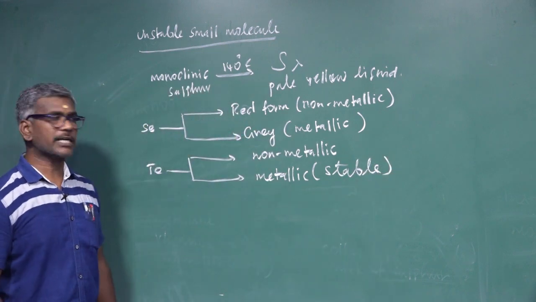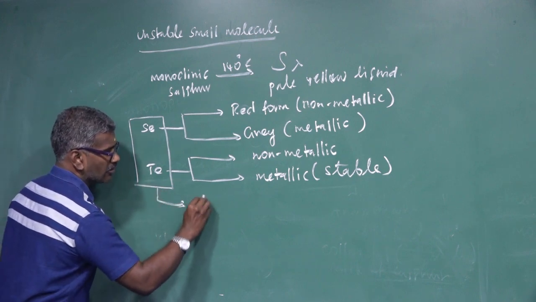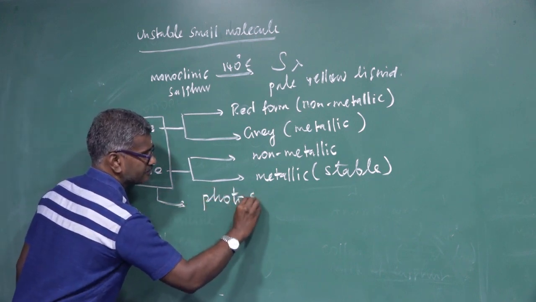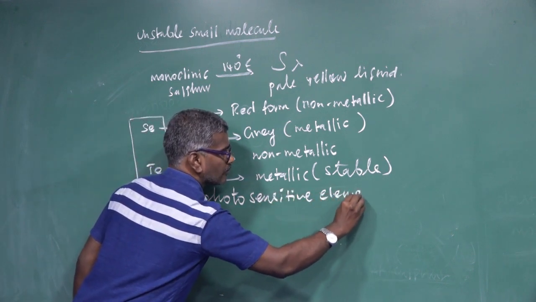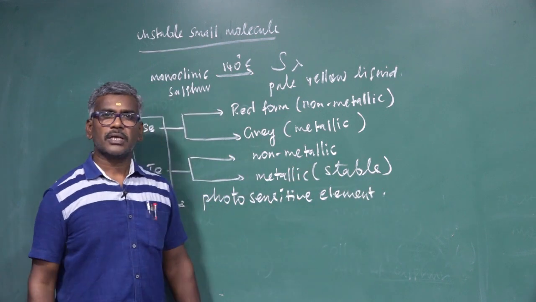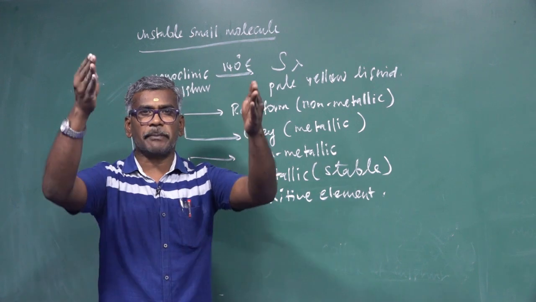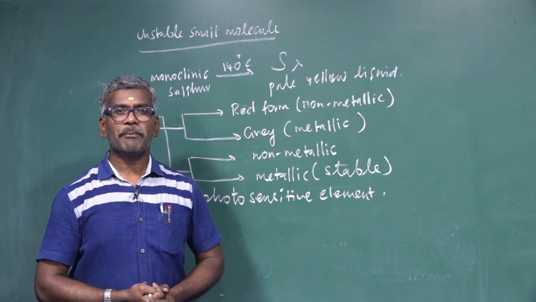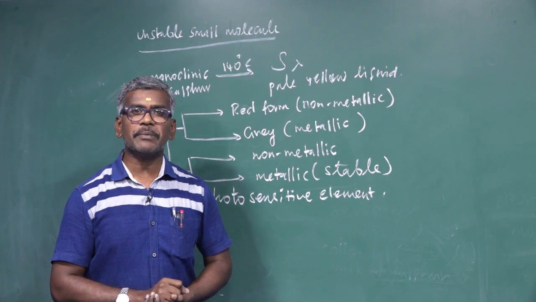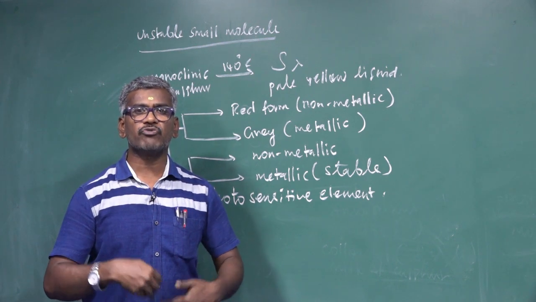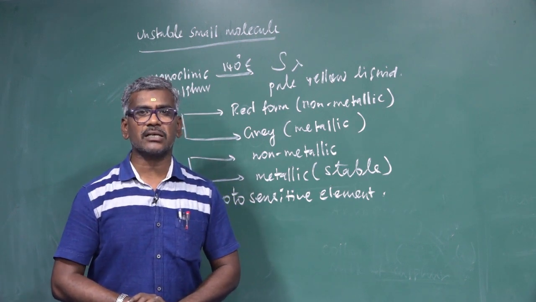Here is one more special character. Both selenium and tellurium are photosensitive elements. The grey form of selenium and tellurium consists of parallel chains held by weak metallic bonds. In the presence of light, the weak metallic bonds break to form a number of unpaired electrons. The unpaired electrons increase the conductivity.